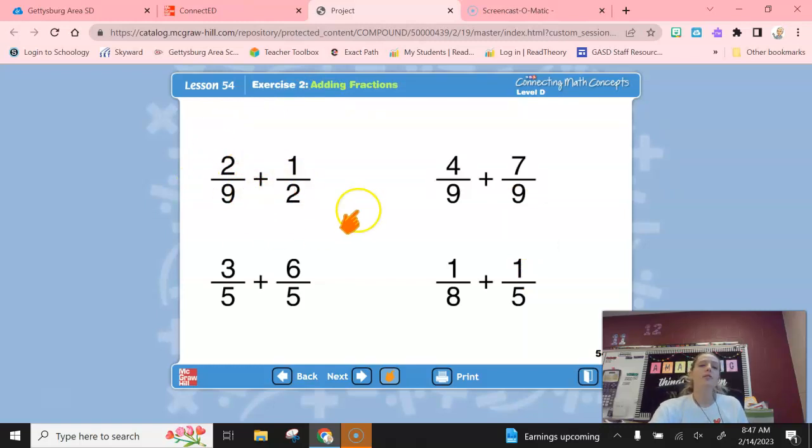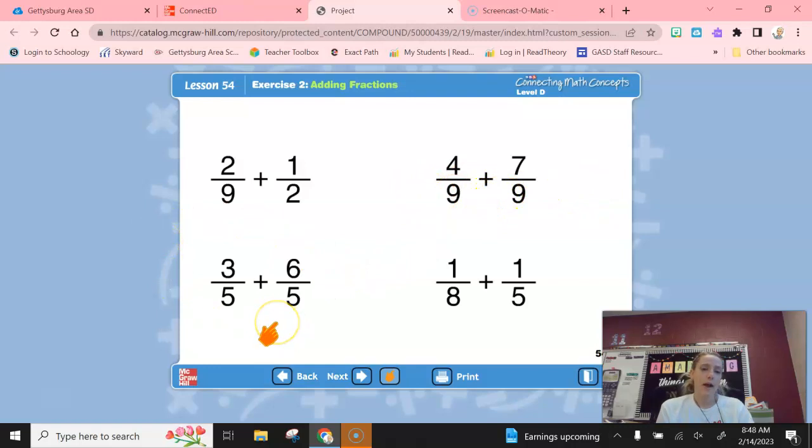How about this one? Can I add these two fractions together the way they are? Immediately you should be like, no, you can't, because 9 and 2 are not the same denominator. When you're adding and subtracting, you have to have the same denominator. How about this one? Yep, 9 and 9, both the denominators are the same. I can go ahead and add.